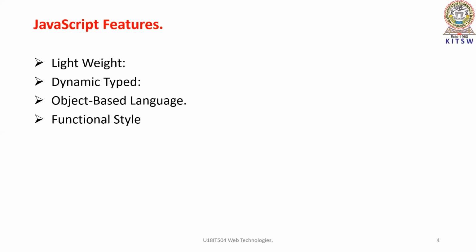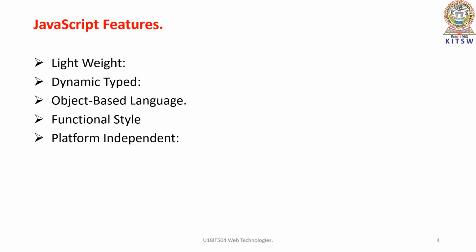Next one is functional style. Why do we call JavaScript functional style? Because JavaScript uses a functional approach. Even objects are created from constructor functions, and each constructor function represents a unique object type.